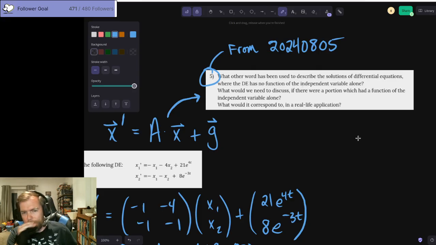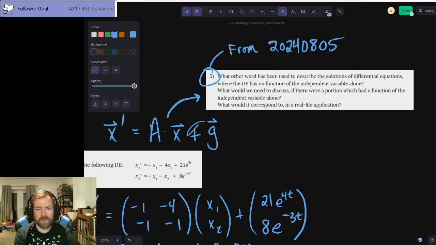So what I wanted to bring up was we had talked about earlier, Zach, when it was just you and me last class, there was another word that's used to describe solutions of differential equations where the DE has no function of the independent variable alone.